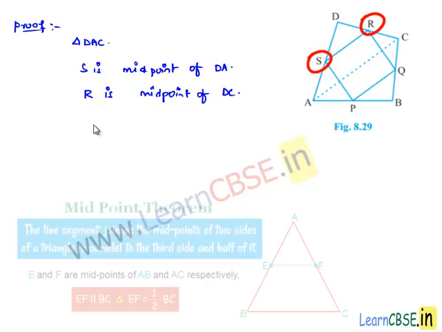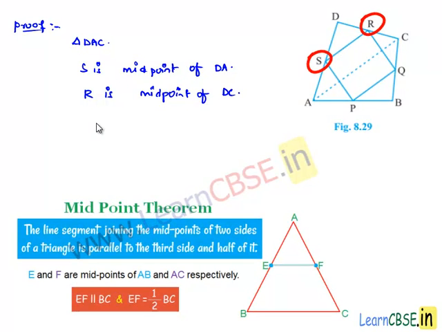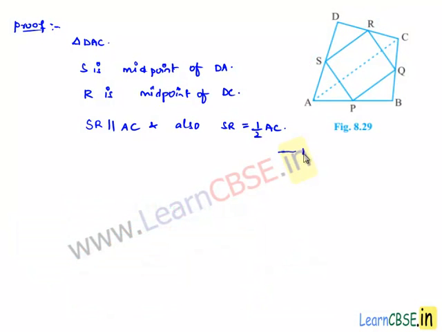Then from midpoint theorem we can say that SR is parallel to AC and also SR will be equal to half times AC. This is what our first proof required.